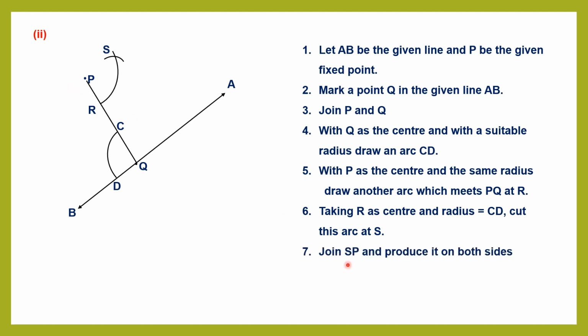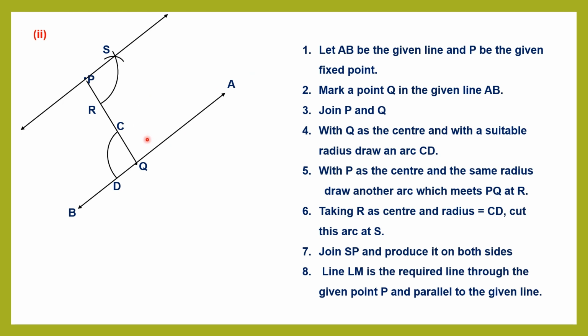So join SP and produce it on both sides. Now when you extend, can you see you've got a line that is parallel to AB, and let's name it line LM. So line LM is the required line through the given point P, and this is parallel to the line AB. Did you understand, children?